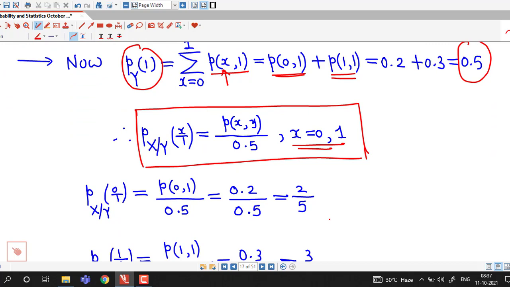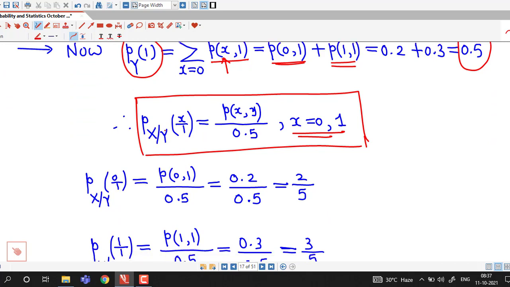Now first we put x equal to 0, and of course I have to replace y by 1, because I am interested in y equal to 1 only. So now I calculate the conditional probability mass function at x equal to 0 and x equal to 1.